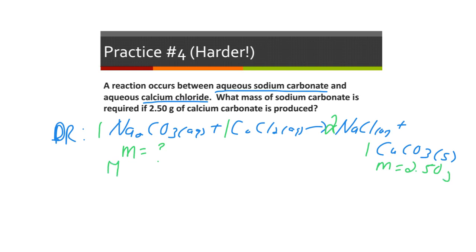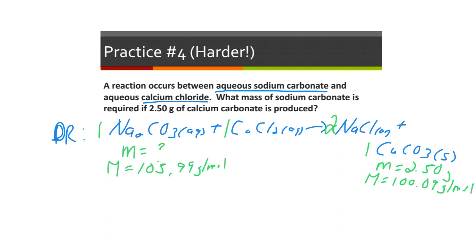The molar mass of sodium carbonate is 105.99 grams per mole, and the molar mass of calcium carbonate is 100.09 grams per mole. Let's do this in a three-step method.